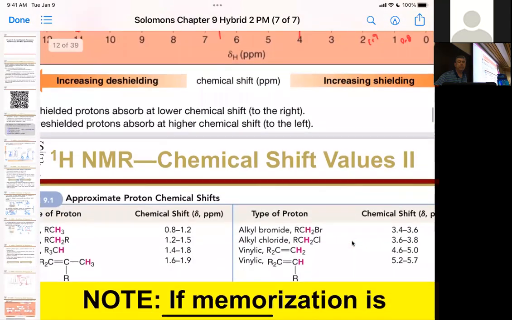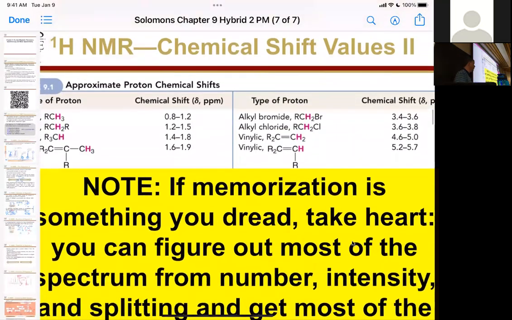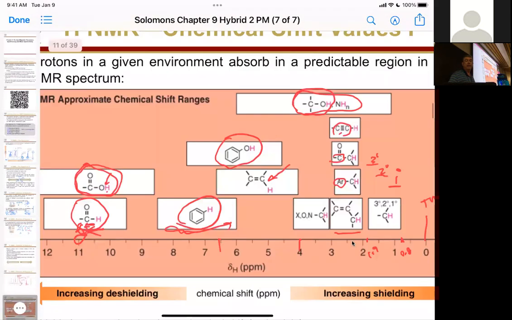So I suggest that you don't memorize the table unless you're a memorizer. If you do really good memorizing, there's about 20 things on this table to memorize. What I'd like you to do is get this kind of imaginary picture in your head that as acidity increases, it moves downfield. As double bonds, or if you have a hydrogen bonded somewhere near a carbonyl, think of it going downfield.